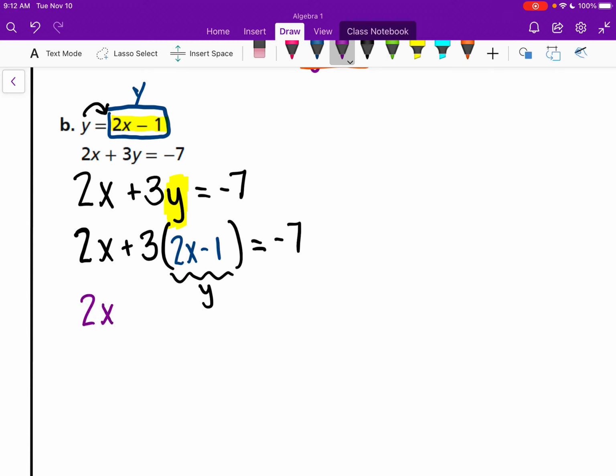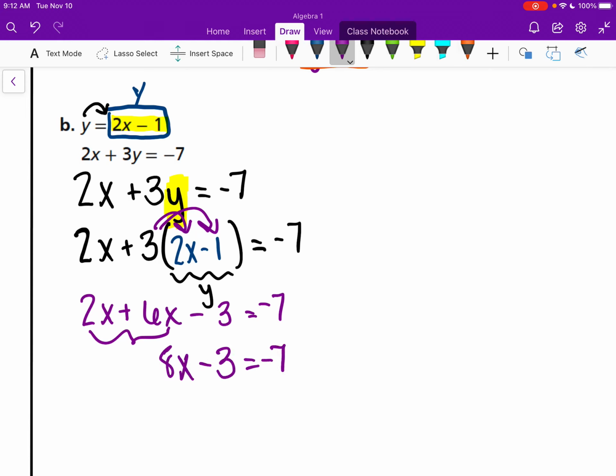Let's do these calculations. That's 2x plus, if we do 3 times 2x, that's 6x. 3 times negative 1 is minus 3, equals negative 7. Let's keep going. Combine these like terms. They both share a variable, so they're alike. That is 8x minus 3 equals negative 7.